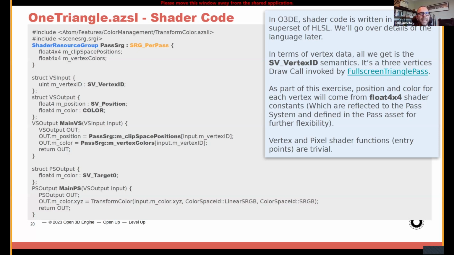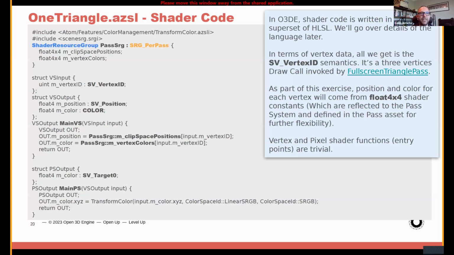What is interesting here is that we're going to capture the positions and the color for our triangle. We're going to capture them from the pass asset file. We can actually automatically map shader constants to take the variables that you see there, like pass sRGB, clip space positions.